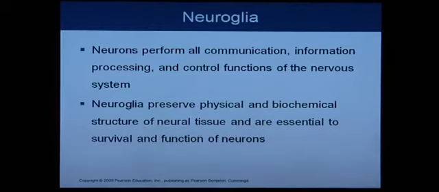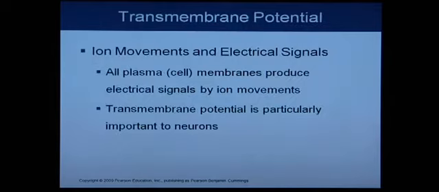Neurons perform all the communication, processing, and control functions of the nervous system. Neuroglia are going to help preserve physical and biochemical structure of the neural tissue and also help the survival and function of the neuron. So now that we know what everything looks like, we're going to take a look at how these things work to send signals.